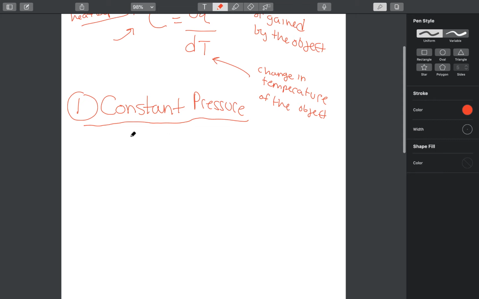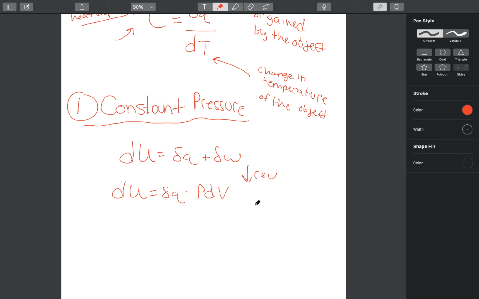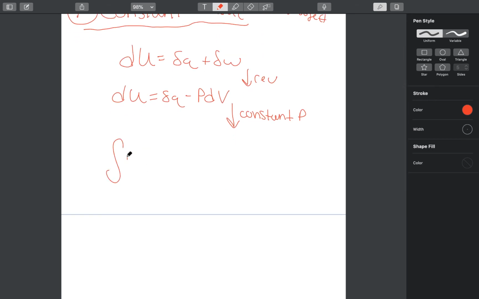Remember that our first law states that dU is equal to dQ plus dW. And we're going to assume a reversible system, allowing us to do this. And then we're going to assume constant pressure, which gives us this. So we're going to integrate our first law with constant pressure in mind.